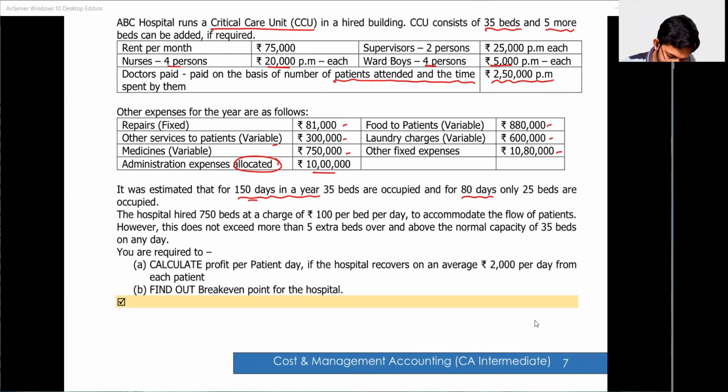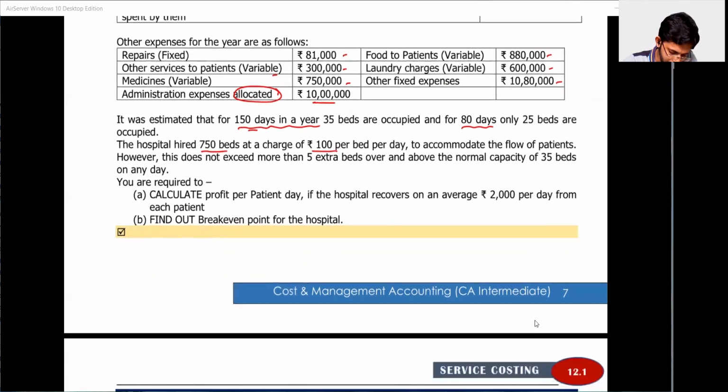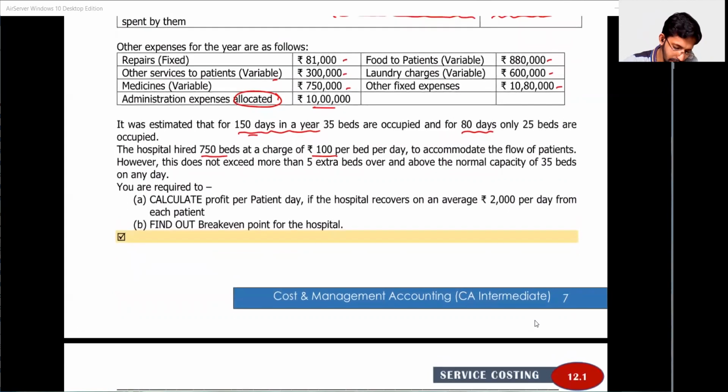Now the hospital hired 750 beds at a charge of rupees 100 per bed per day to accommodate the flow of patients. So in addition to these 35 beds which the hospital is having, they had to hire 750 beds during the year, and the rental paid is rupees 100 per bed per day, and it was necessary to accommodate the additional patients. Now however, this does not exceed more than 5 extra beds over and above the normal capacity of 35 beds.